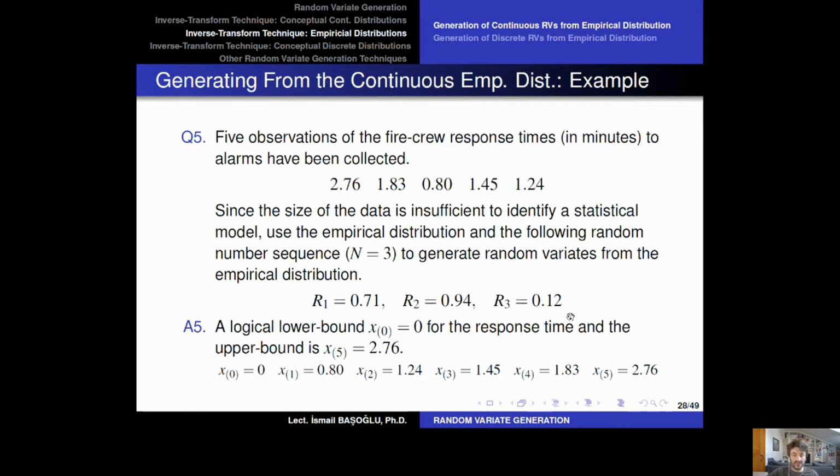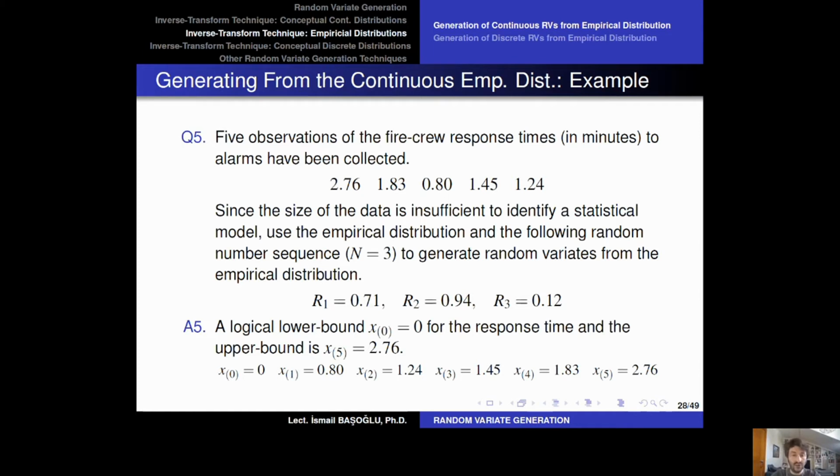We have 3 random numbers to generate an artificial history for the fire crew response times in the artificial future. Of course, these random numbers are low quality because of their resolution, but we do not want to use any complex value at this point.